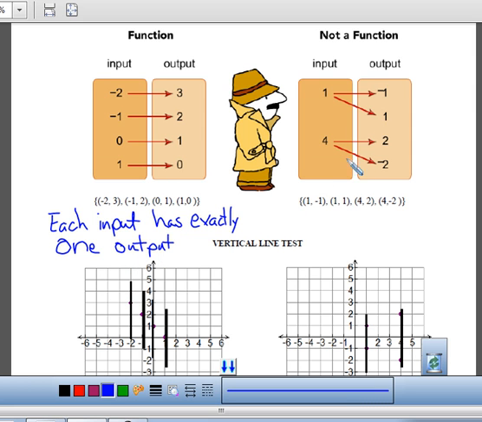Okay, over here, this is not a function. Well, follow the arrows. 1, the input, has an output of -1, and it has an output of 1. So, 1 and 4 have more than one output.